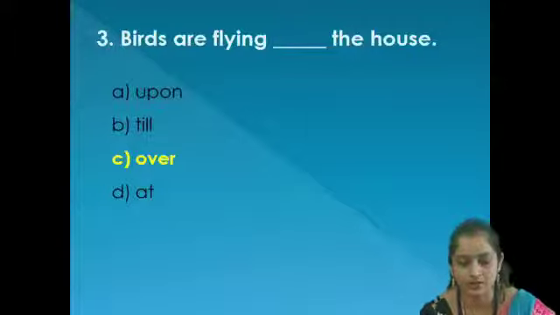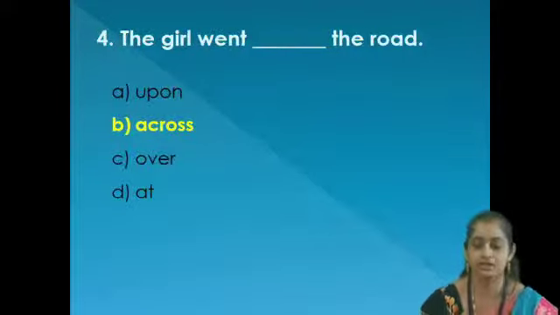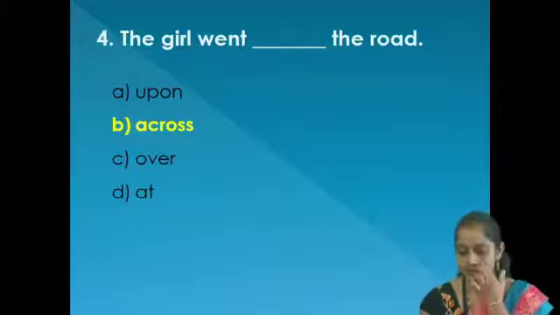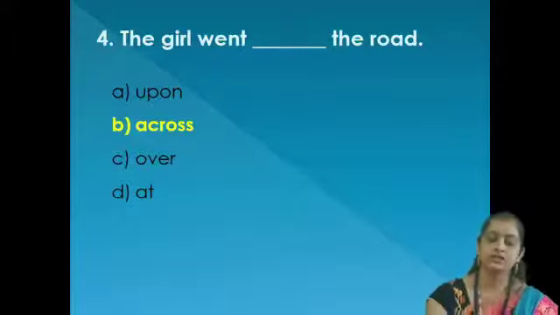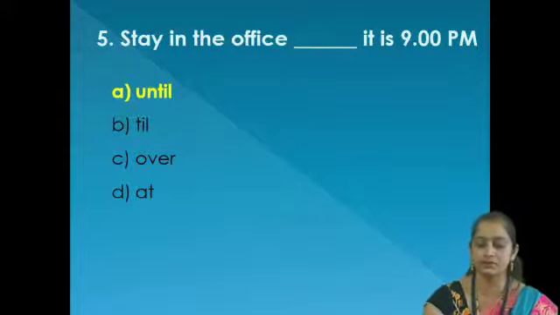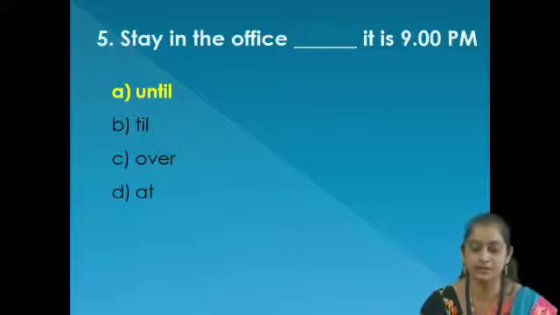Third one is birds are flying dash the house. Birds are flying over the house. Fourth one is the girl went dash the road. The girl went across the road. And fifth one is stay in the office dash it is 9 p.m. Stay in the office until it is 9 p.m.